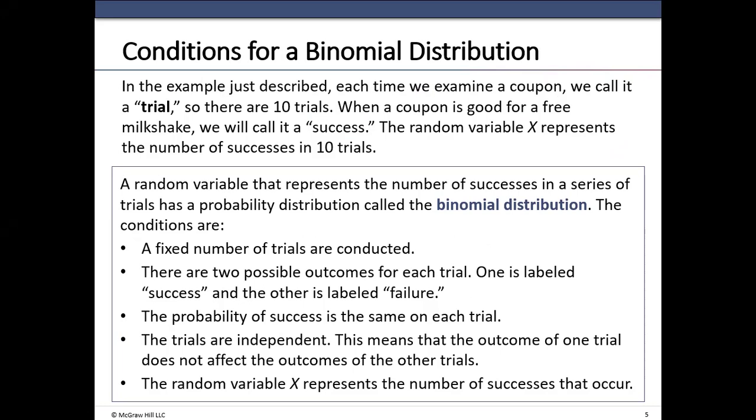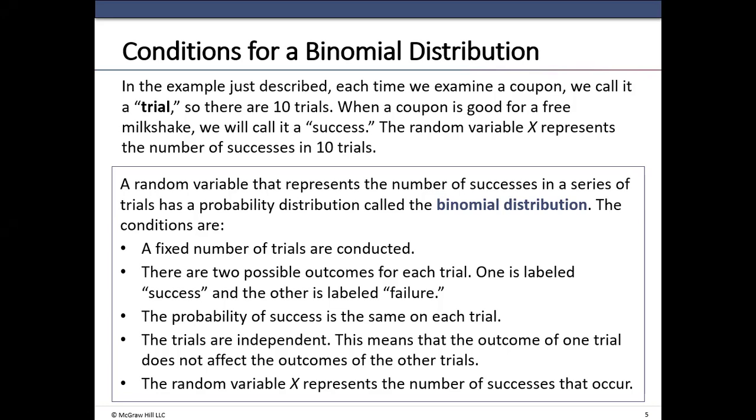A random variable that represents the number of successes in a series of trials has a probability distribution called the binomial distribution. The conditions: a fixed number of trials are conducted, in this case 10. There are two possible outcomes for each trial. One is labeled success, get a free milkshake, and the other is labeled failure, better luck next time. The probability of success is the same on each trial.